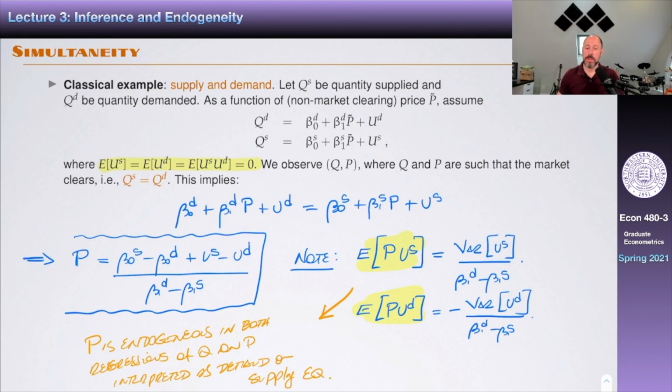You run regressions of quantity on prices, and it doesn't matter whether you interpret that as a demand equation or a supply equation. P is going to be endogenous by construction, by the feature that this arises in equilibrium by setting quantity demanded equal to the quantity supplied. And this is another case where endogeneity usually arises.